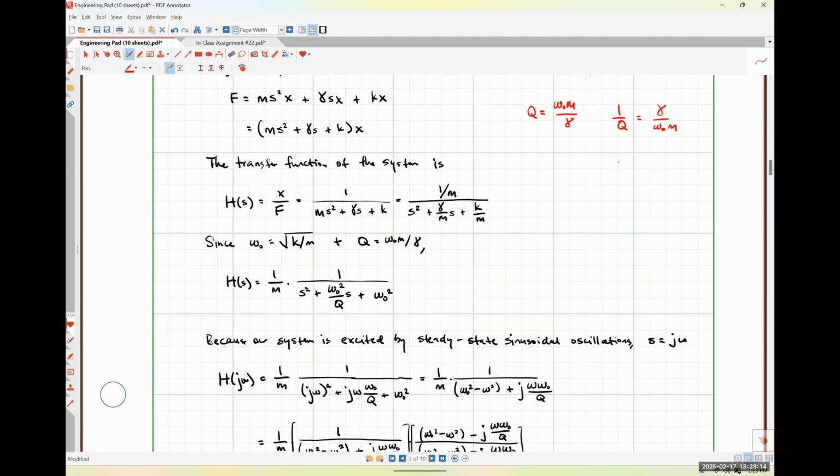Manipulating this, gamma would be omega naught m over Q. So when I replace this gamma, gamma times s would be omega naught m over Q multiplied by s, which was just j omega.